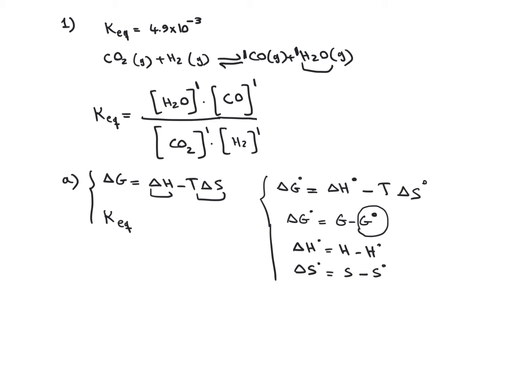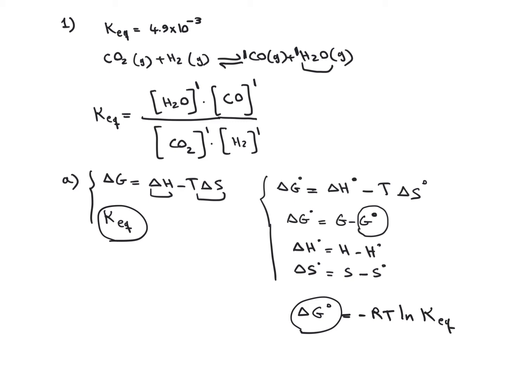And we had an equation that related delta G0 and the equilibrium constant. Do you remember that? So delta G0 equals minus RT ln of K equilibrium.